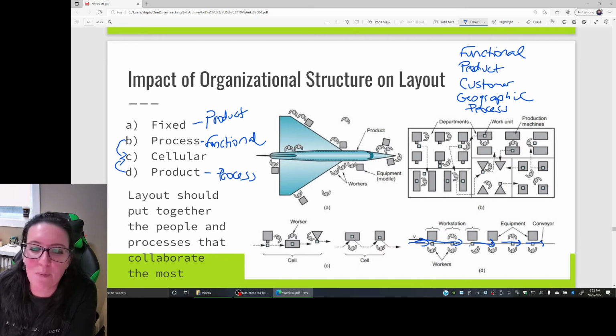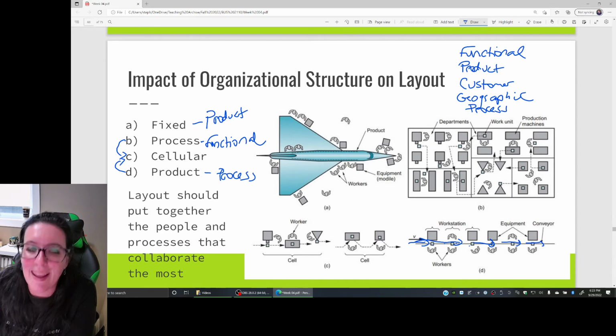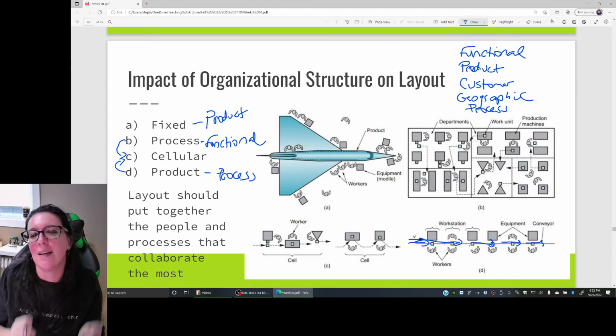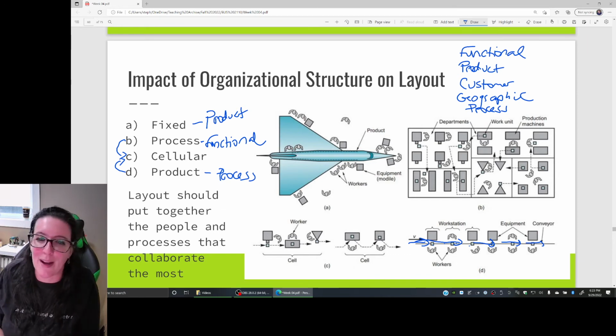We have a lot of movement of people or materials between all these different locations, which means there's a lot of items that are sitting waiting. So if we think about that emergency room, we move you, the patient, to the room you need to be in, but now you have to wait until the x-ray equipment is available, and then we move you to the next place. So there's a lot of sitting and waiting around.